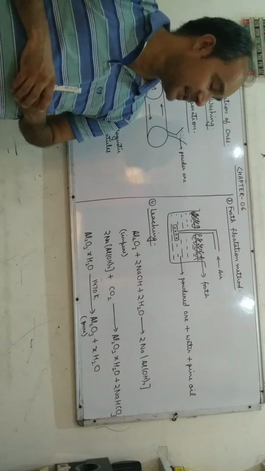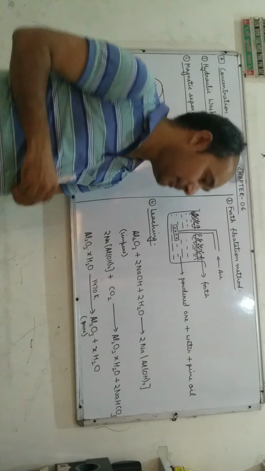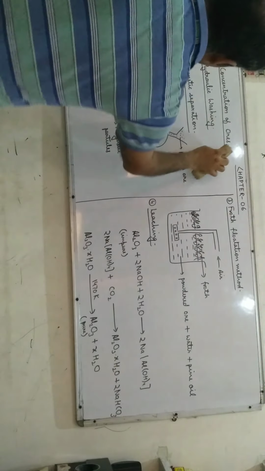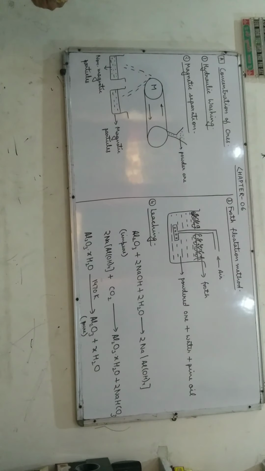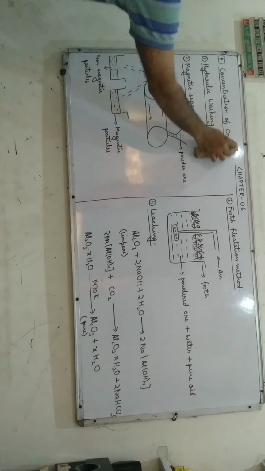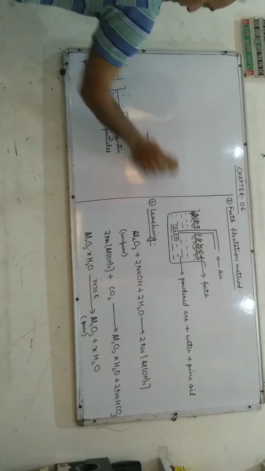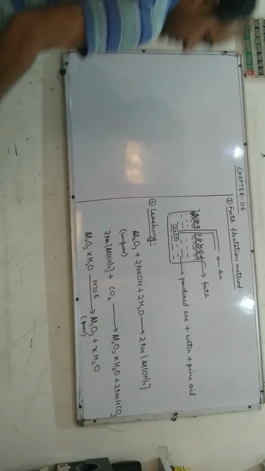Now, let us consider the second step of metallurgy. It is extraction of crude metal from concentrated ore.